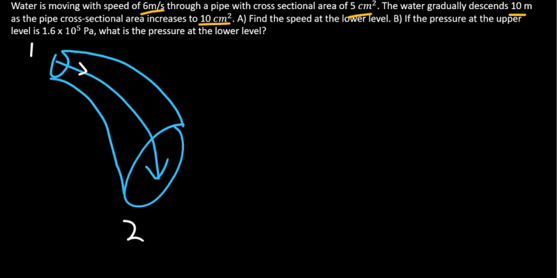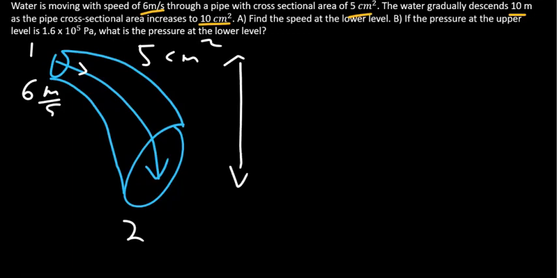At point 1, the speed is 6 meters per second. The cross-sectional area is 5 cm squared. And it descends vertically 10 meters downward. And at point 2, the cross-sectional area is 10 cm squared, where the speed is what you want to know. So you can use the continuity equation.